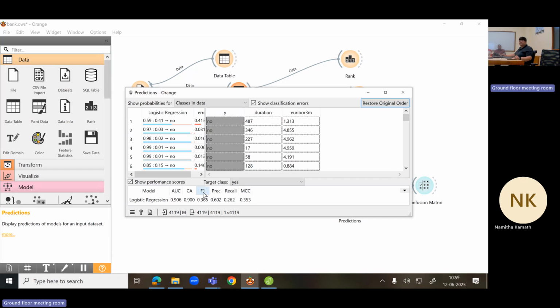So F1 is basically the harmonic mean of precision and recall.